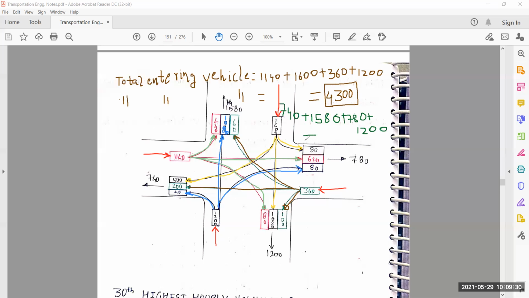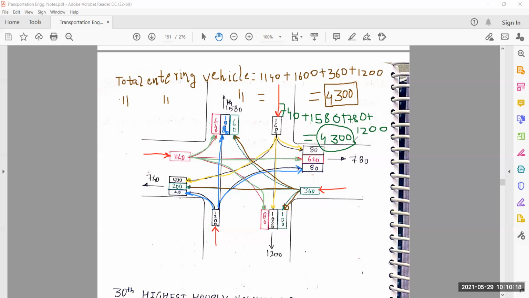I think it also comes as 4300. So here also we see the total number of vehicles leaving the intersection is 4300.